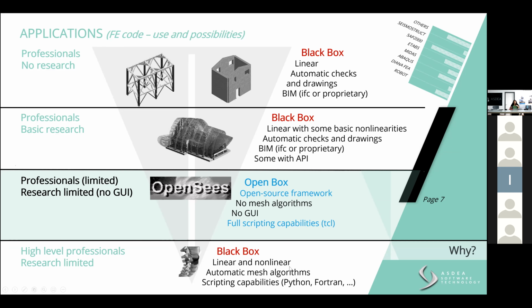But as you can see from this graph, all of these software have a black box. You cannot really go inside and see what is happening. OpenSees positions itself differently from all of these other software because it is open box, first, and second, it is open source. And it has full scripting capabilities.